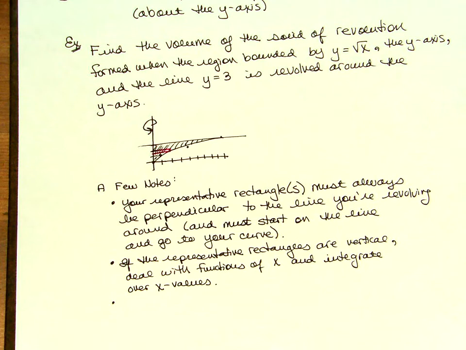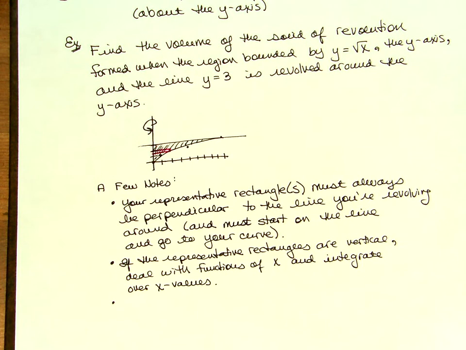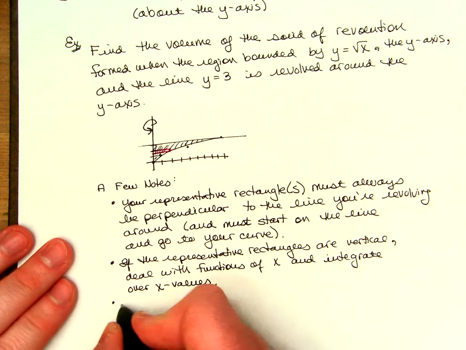Our related version over here is going to be if the representative rectangles are horizontal, like I already drew in one for this particular case, we're going to deal with functions of y, and we're going to integrate over our y values.